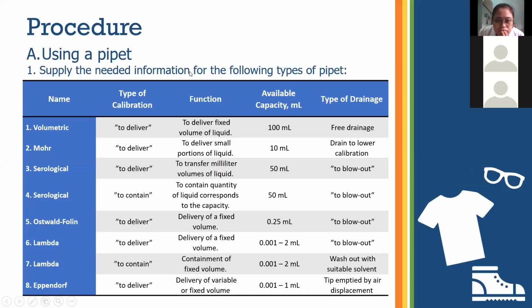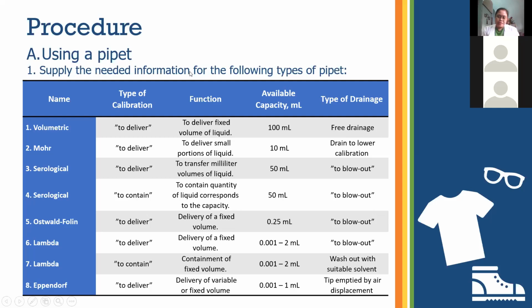For the first activity, using a pipette, supply the needed information for the following types of pipette. Here are the types of apparatus in measuring volume. First is the volumetric. Its type of calibration. I-explain ko muna yung to deliver and to contain sa type of calibration.